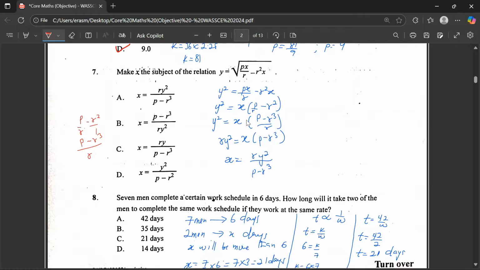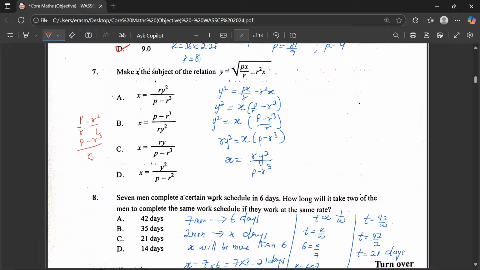Now, we want to find the LCM for this. So that is p on r minus r squared all over 1. And so the LCM is r. And then r divides r by 1 times p is p.